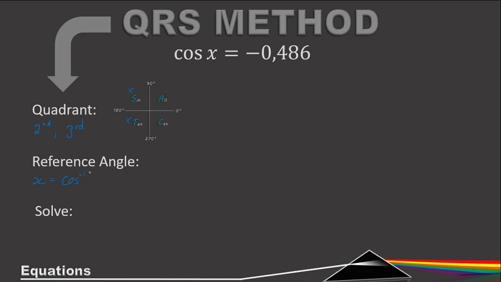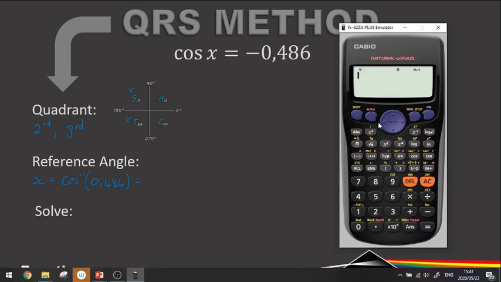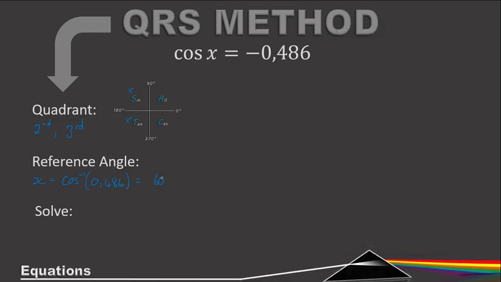So we just put it onto the calculator: shift cos 0.486, and this will equal 60,92 degrees. Alright, so now we have the quadrants and we have our reference angle.